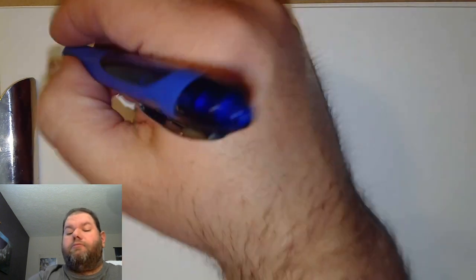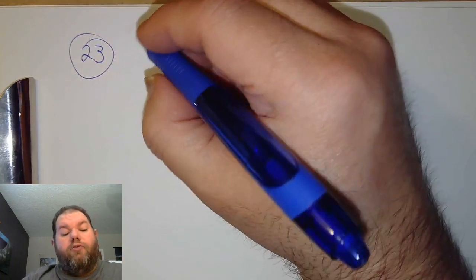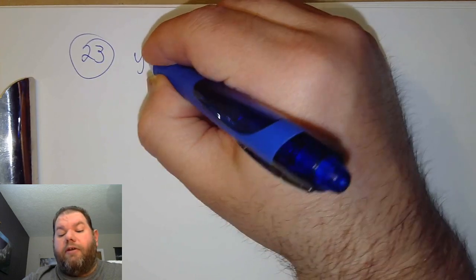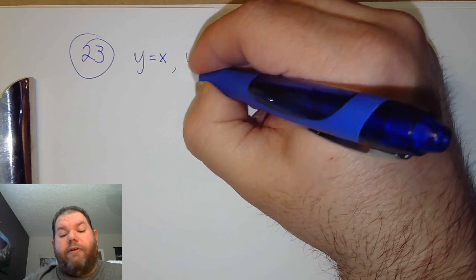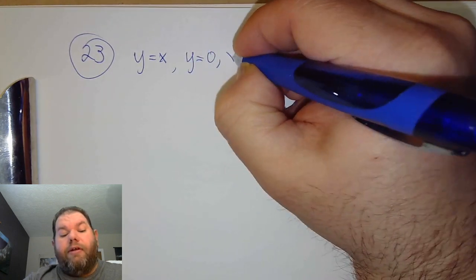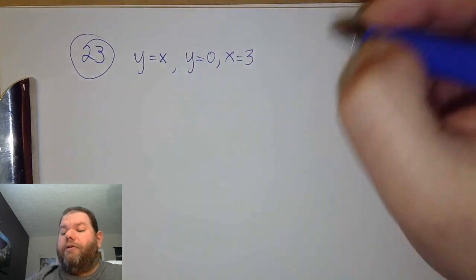Now, we'll get a chance to practice that further on the next problem, 23, which actually has 4 different parts. Now 23, we start off with just a definition of the shaded region, which is y equals x, y equals 0, and x equals 3.